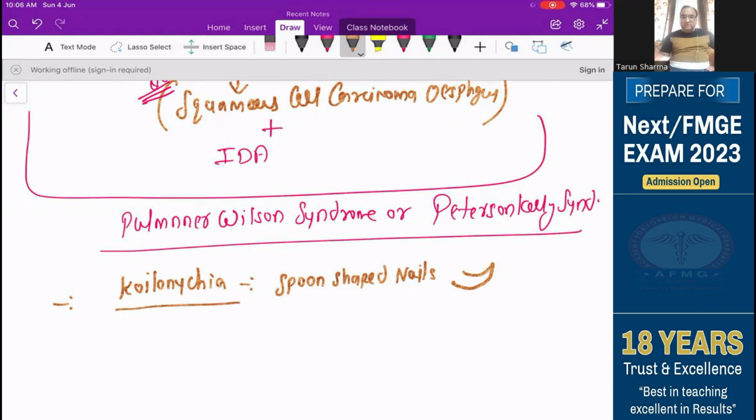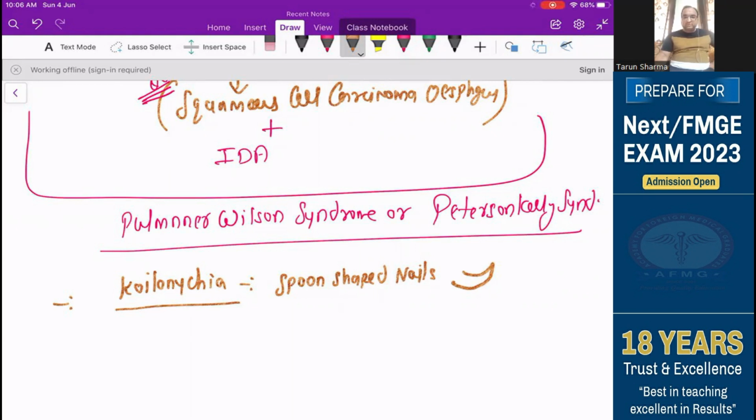But remember, in Plummer-Vinson syndrome there will be no koilonychia. So what is not there in Plummer-Vinson? Koilonychia is not part of Plummer-Vinson. Koilonychia is another thing which can be there in iron deficiency anemia, but that is not part of the syndrome. You got my point? So glossitis will be there, esophageal web formation will be there, and iron deficiency is there.